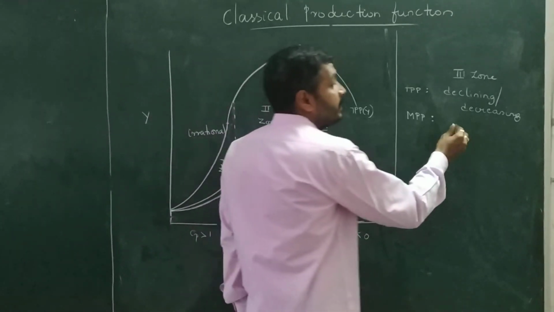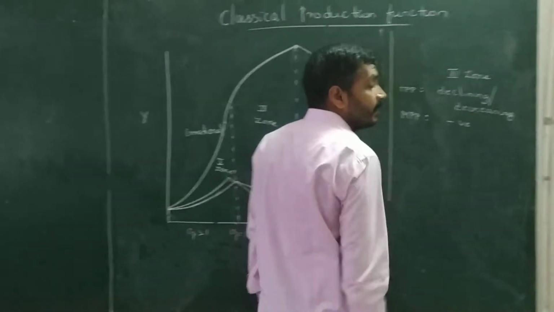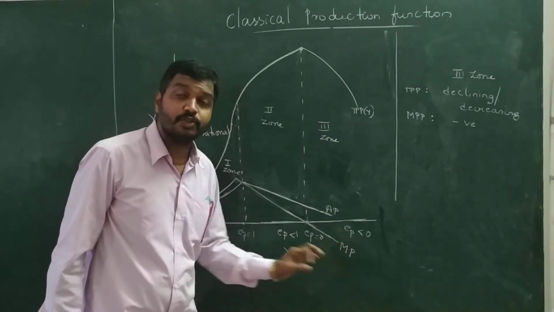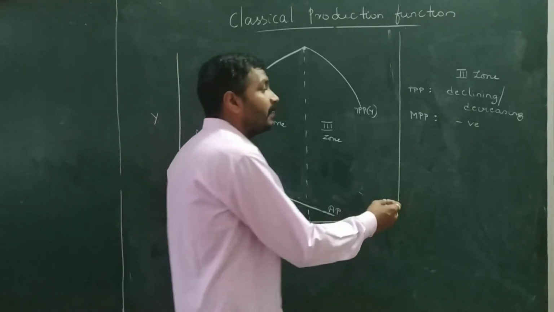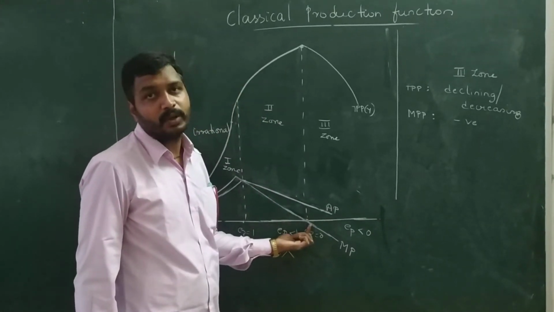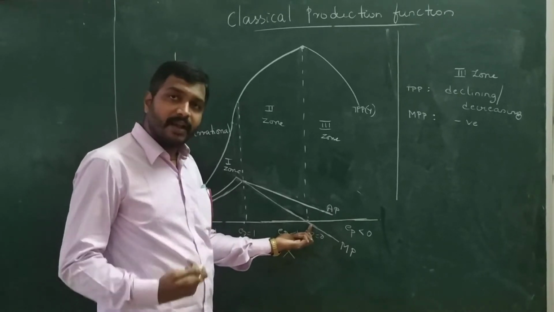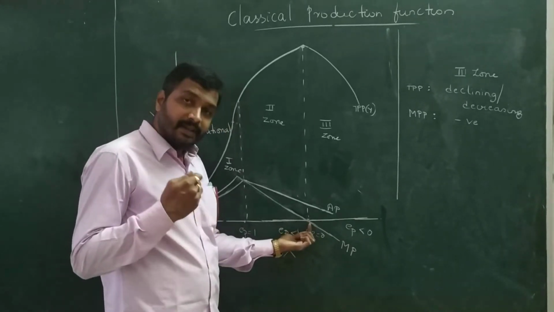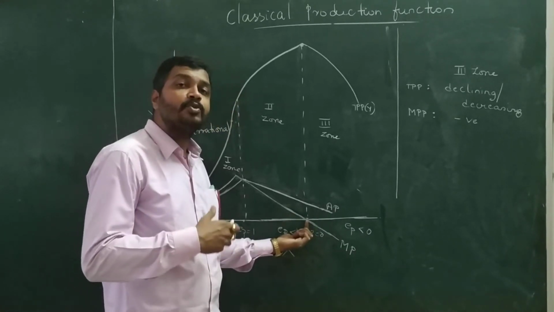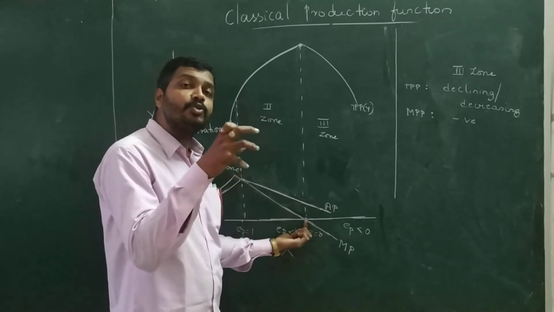MPP has become negative in the third zone, which is not at all a good sign. That means there is no rationale in using that level of input. The farmer should not use resources beyond this point because it will not add, rather it will reduce.